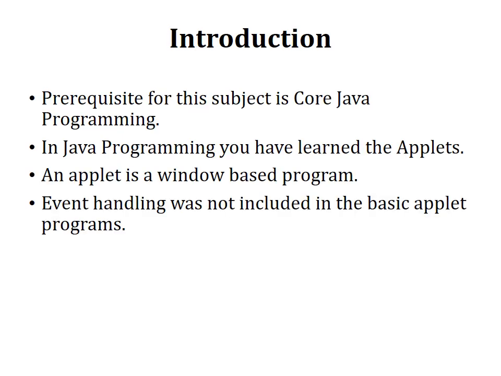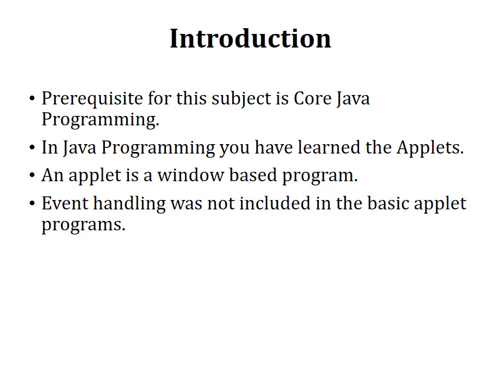Before starting, we must see that this is the first lecture of Advanced Java Programming, and you have already learned the basics or core Java programming. In core Java programming, we developed standalone applications, and most programs displayed the output on the console window.